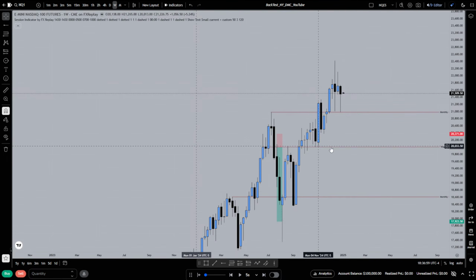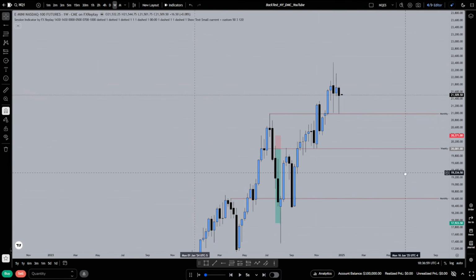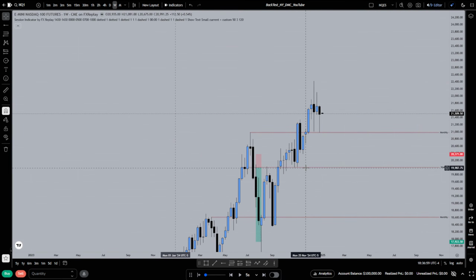Basically that would have been this weekly, but better would be this guy, which was kind of retested here before moving up. So this would have been an exact test.